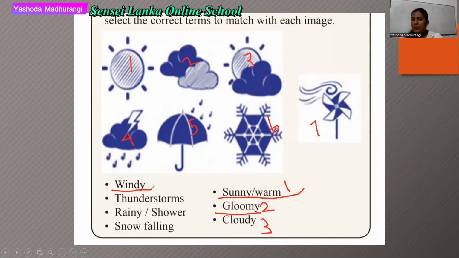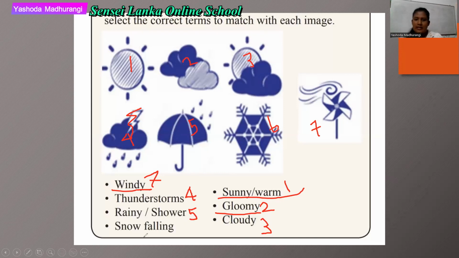Windy. What is windy? What is the picture? Number 7. Can you see the wind? Then number 4. Thunderstorms. Can you see here lightning? Yes, it is thunderstorms. Then there is an umbrella. You can see rainfall.